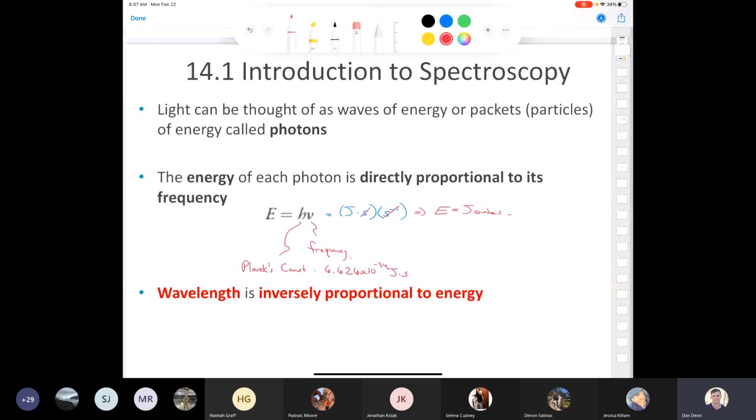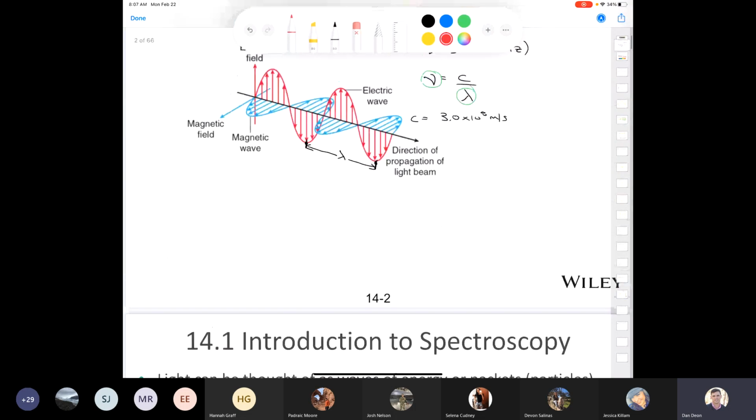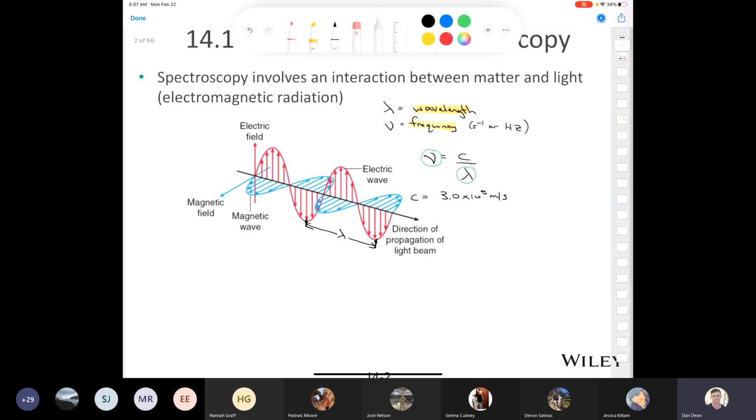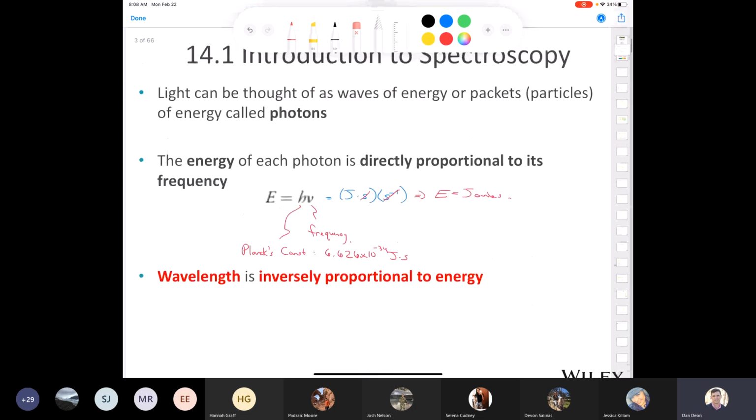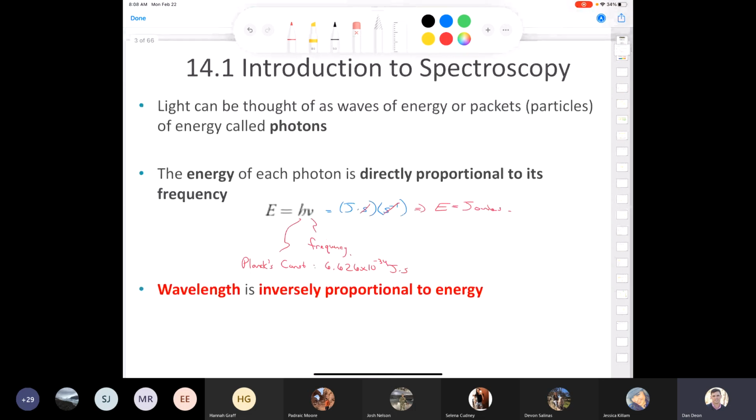Now, the next point says here that wavelength is inversely proportional to energy. Where would I get that relationship? Well, if we go back and look at this formula, that frequency is equal to the speed of light over wavelength, I'm going to copy this and bring it over to the next slide, and we're going to see how we can prove this statement to be true.